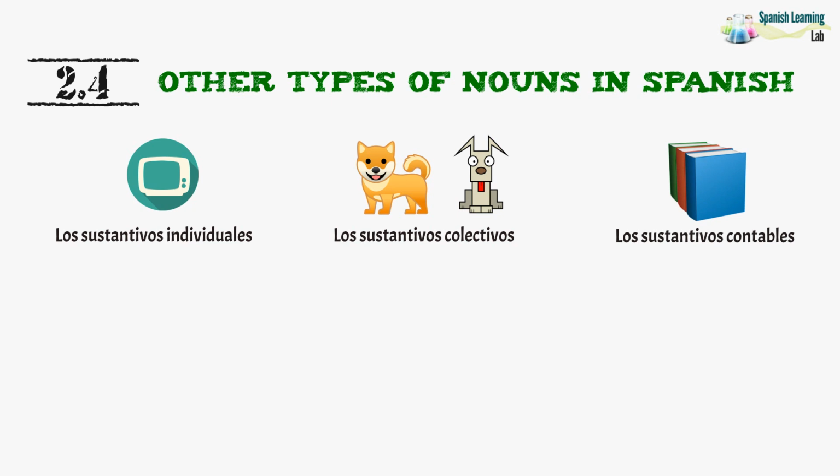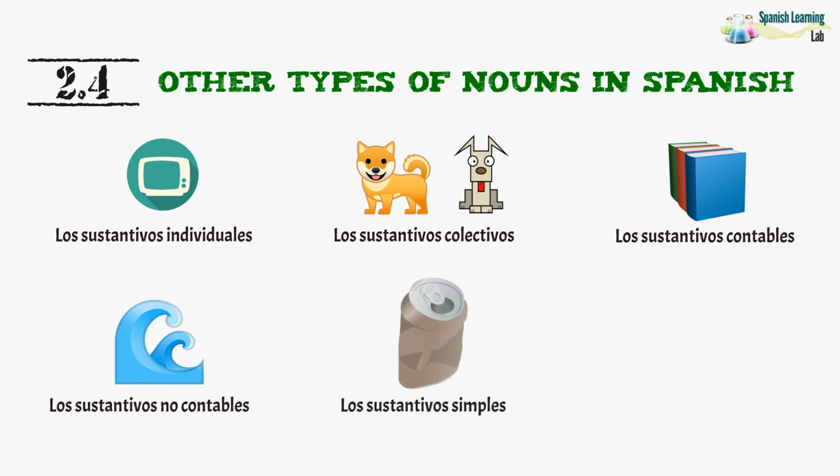Los sustantivos contables or countable nouns are the ones we can count, for example, lápices, libros, and casas. Los sustantivos no contables or uncountable nouns are those we cannot count. For example, agua, odio, amor, belleza, y aire.